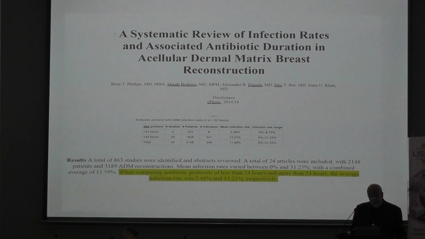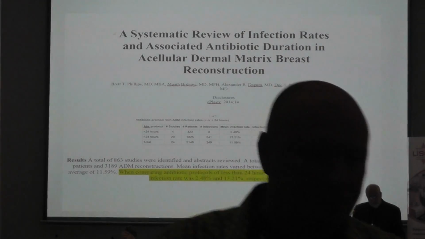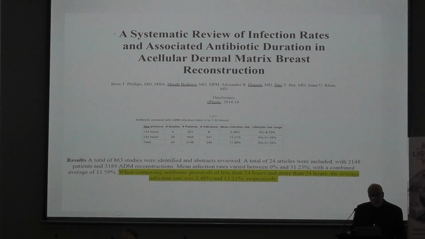Not only does it give you a much higher incidence of infection, but the infection is much harder to treat because all the bacteria are resistant to the antibiotics that you gave the patient for a week, 10 days, 2 weeks, 3 weeks, etc.